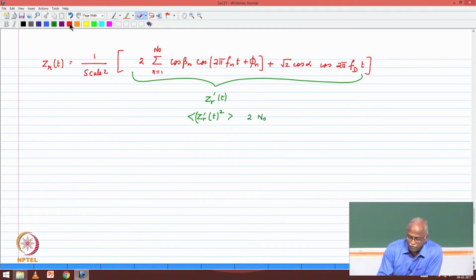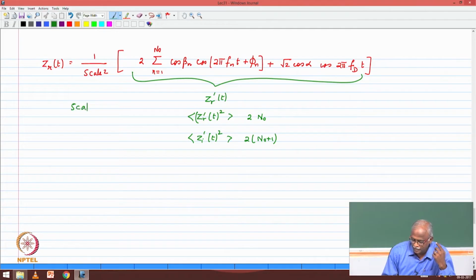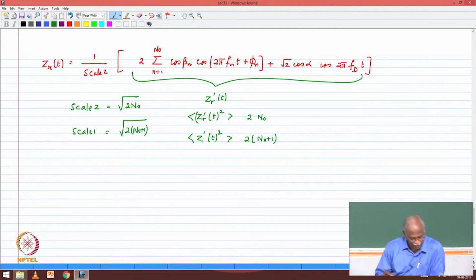Similarly, if we compute the average of Zi prime of t whole squared, it comes out to be 2 times n0 plus 1. So scale 2 has to be chosen equal to square root of 2 n0, and scale 1 has to be chosen to be square root of 2 n0 plus 1, so that you get the variances equal to 1/2.